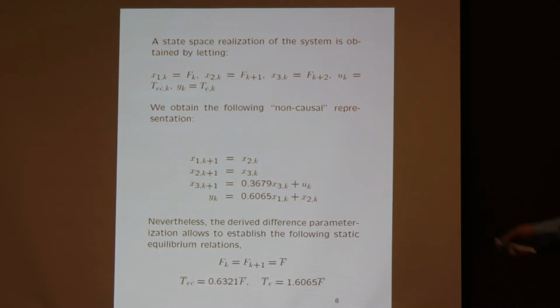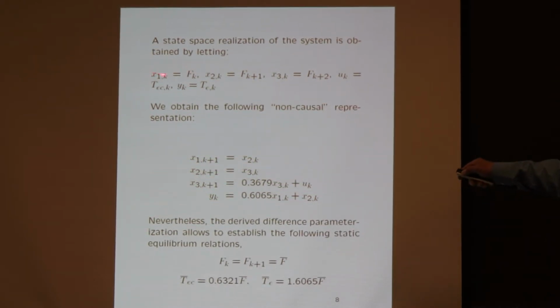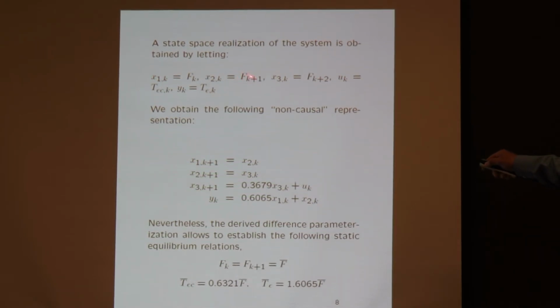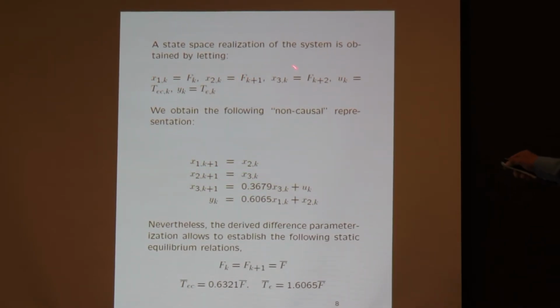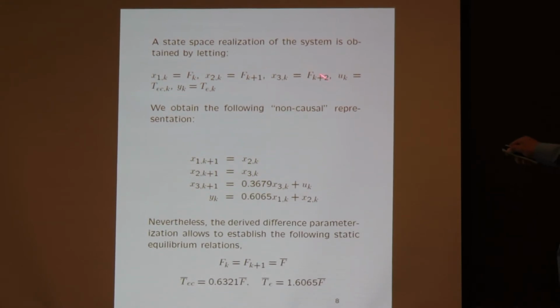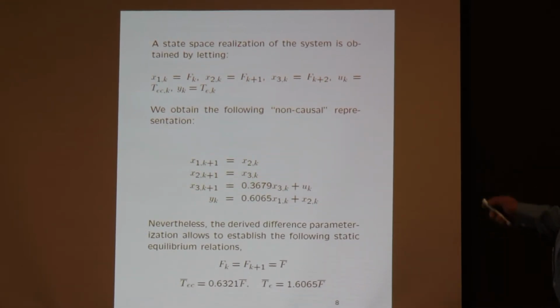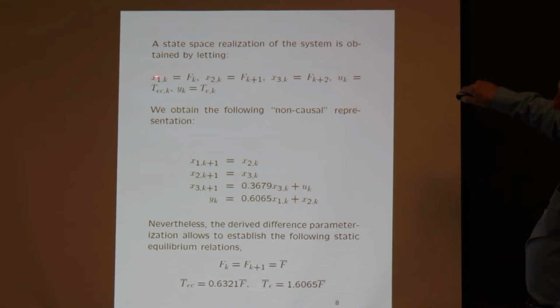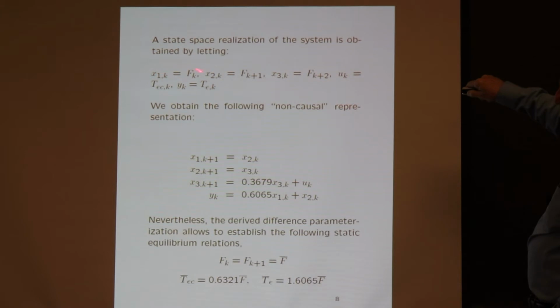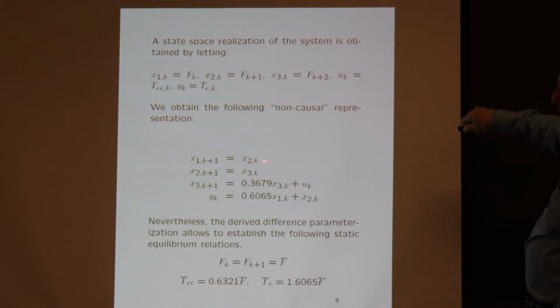For instance, if you define the flat output as the first state, and the forward time shift of the flat output is the second state, and the second forward time shift as the third state, and the control is just the control input of this input-output model, and y is representing the output, then evidently the forward shift of the first state variable, f(k+1), will be the second state variable.